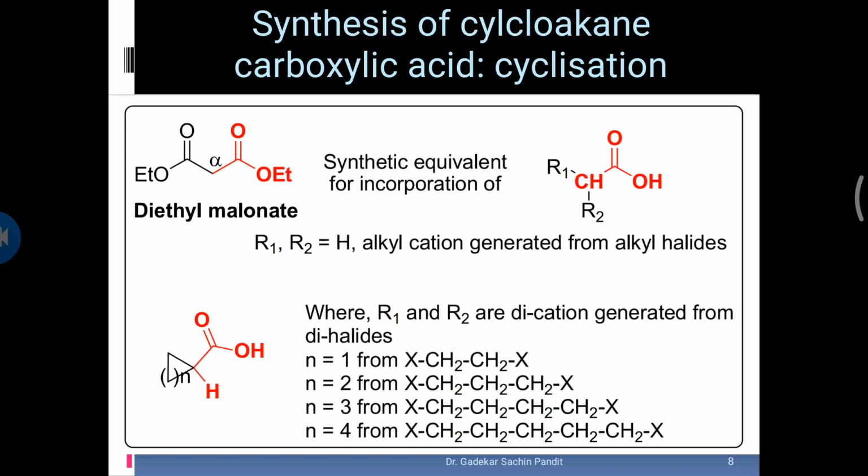Okay, so when n equals 1, 3-membered rings are possible. When n equals 2, it forms a 4-membered ring, and so on, depending on the dihalide we use.